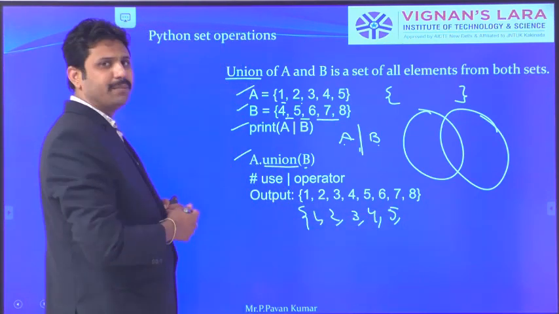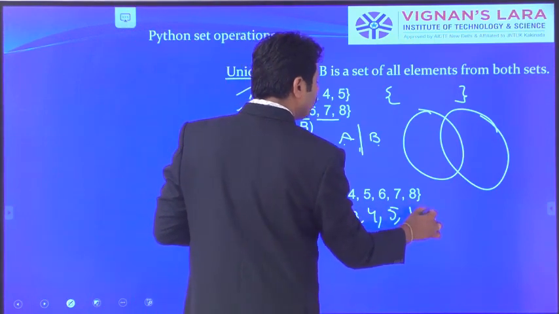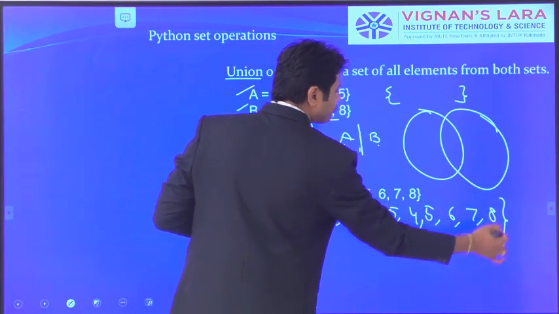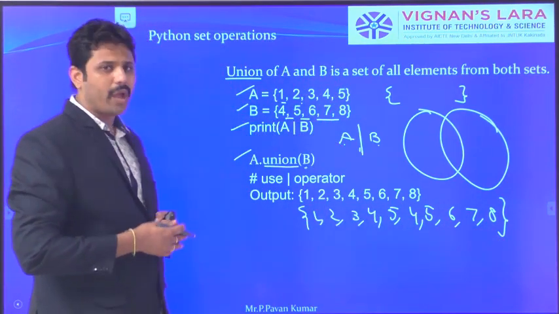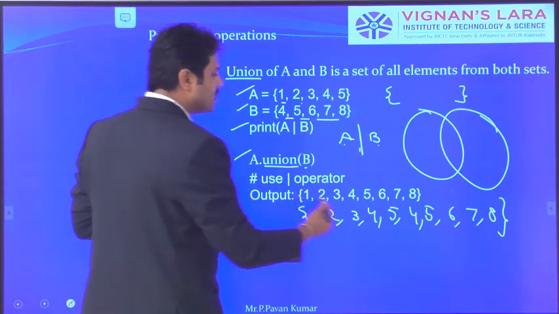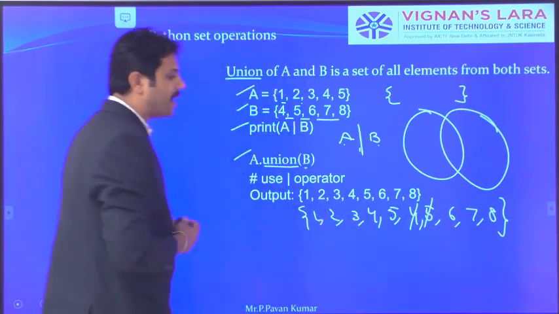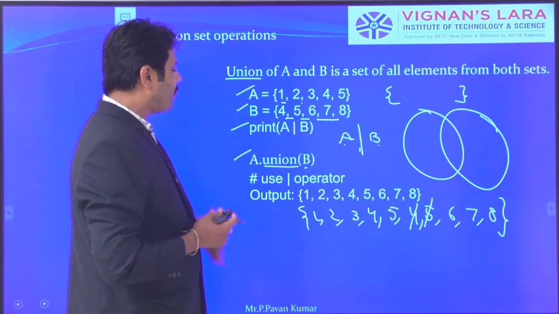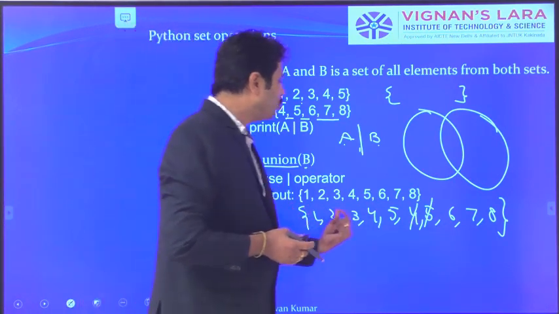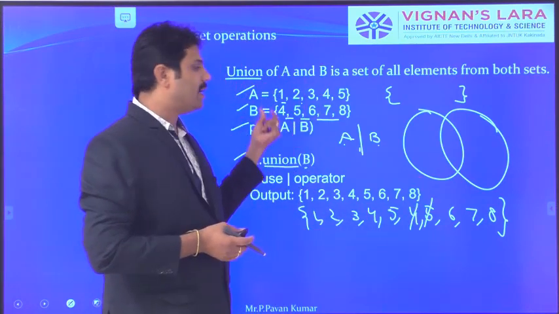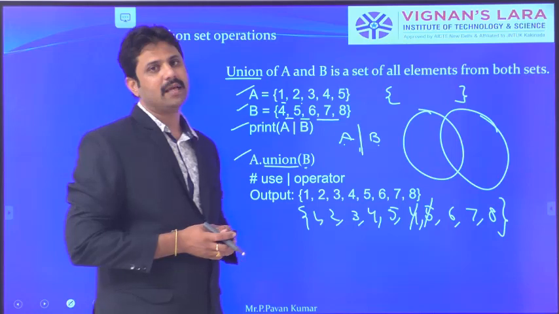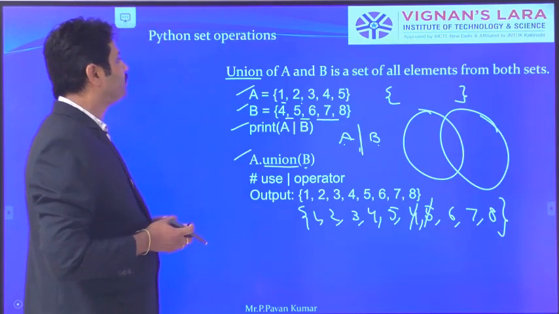And what are the values in B? 4, 5, 6, 7, 8. Let us observe this. We all know sets don't allow duplicate elements. That means here 4 and 5, the duplicate elements, are removed. So this is my final output. It contains the values in both A and B sets and removes the duplicate items. This is called the union operation.